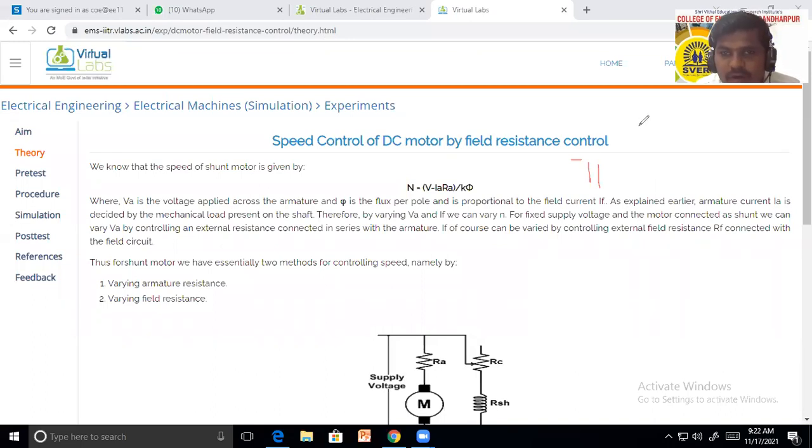Okay. So do you know that back EMF equation? Eb is equal to φPNZ divided by 60A.